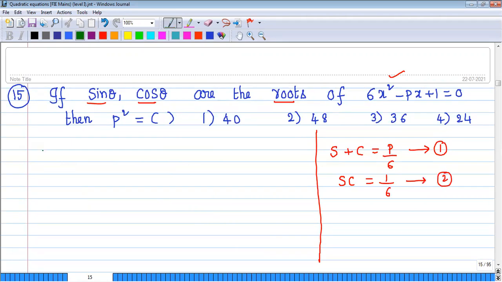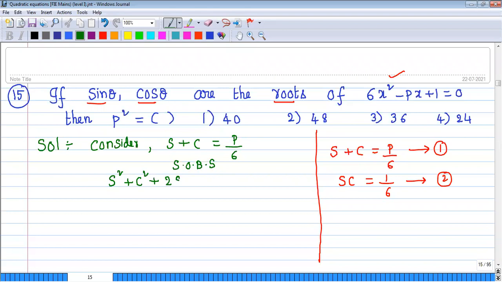So now here consider sine theta plus cos theta equals to p upon 6, squaring on both sides. So what do you get? Sine square theta plus cos square theta plus 2 sine theta cos theta equals to p square upon 36.